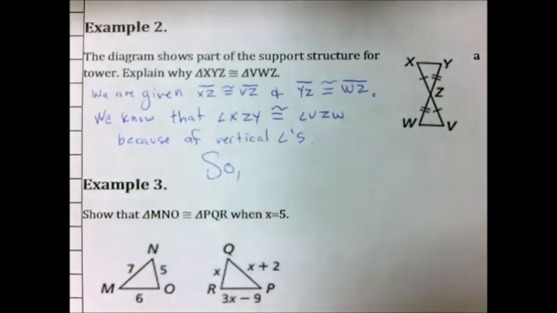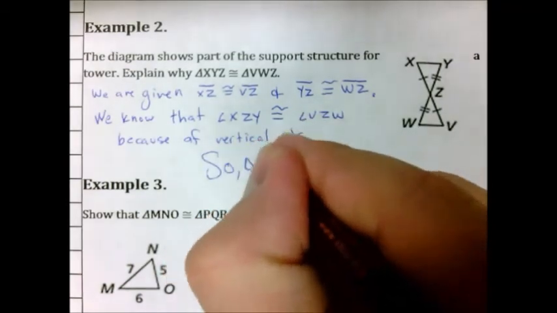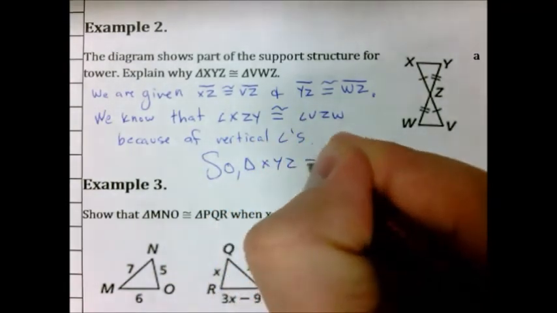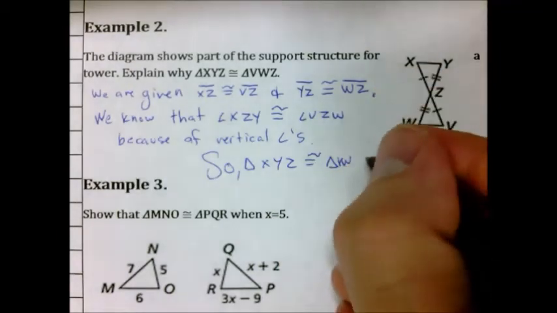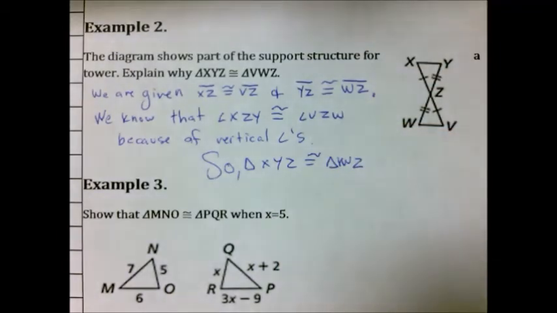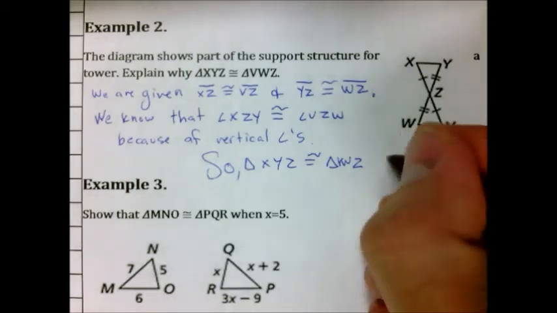So triangle XYZ is congruent to triangle VWZ, and that's because of side-angle-side.